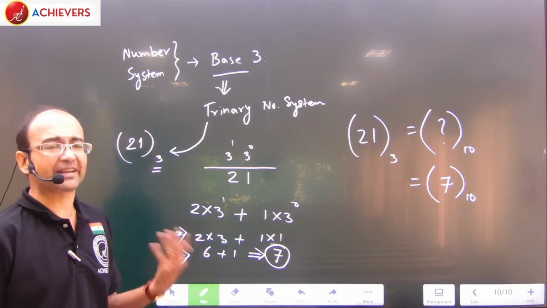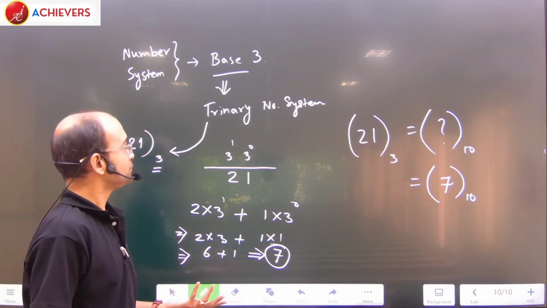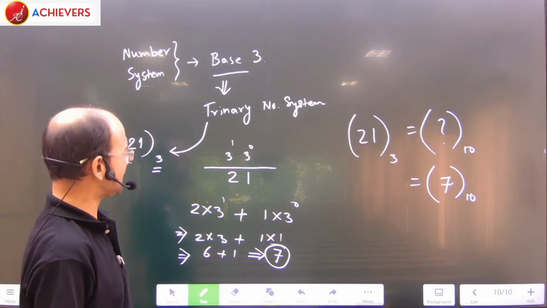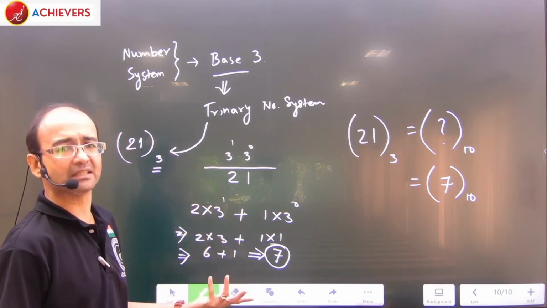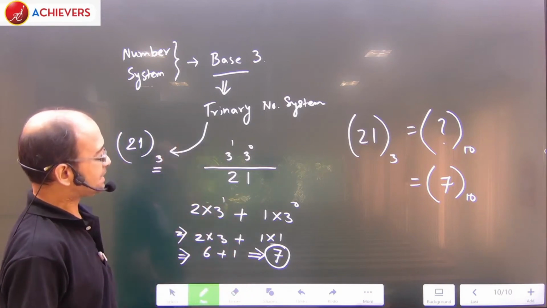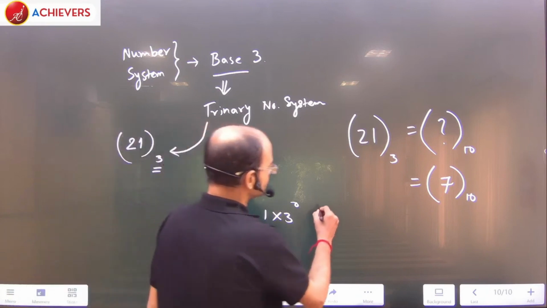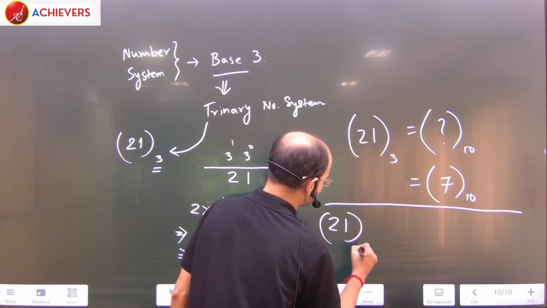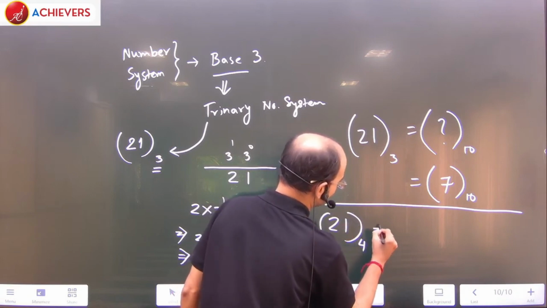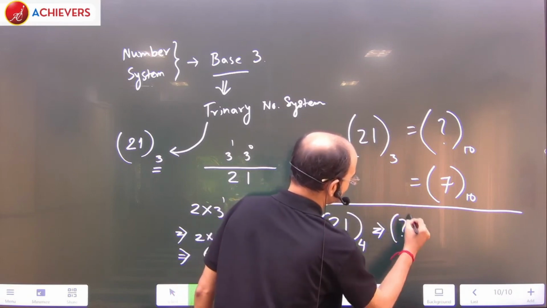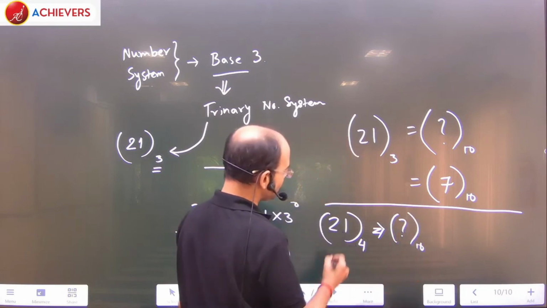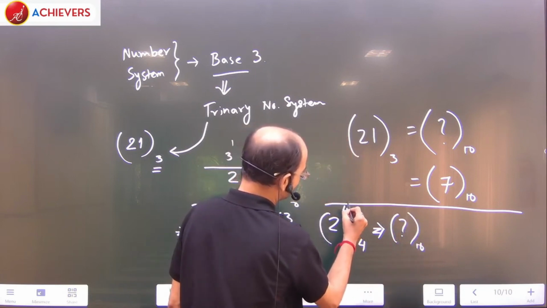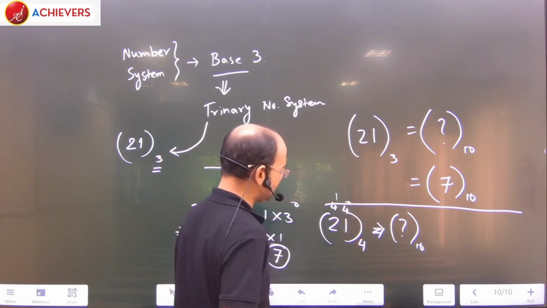Similarly, if we have the tetranary number system. So what do we mean by the tetranary number system? The tetranary number system means which has the base 4. So if you want to represent 21 base 4 equivalent to the decimal number system, we can just put 4 to the power 0 and 4 to the power 1 over here.